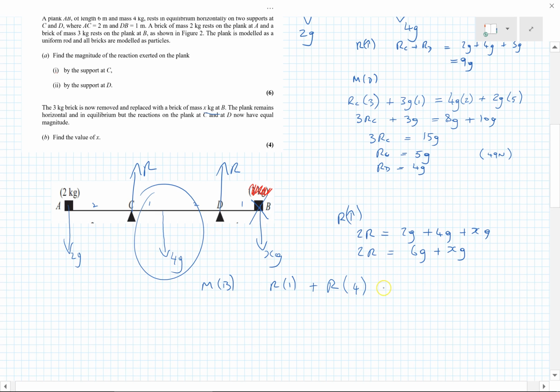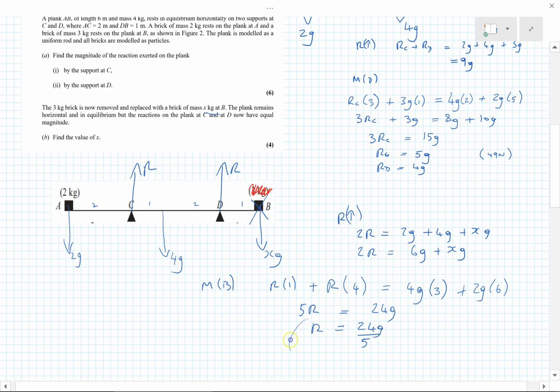Then we've got the 2 anti-clockwise ones. So that's equal to 4G times 3, and then the other one, that's 6 meters away, 2G times 6. So that gives me 5R is equal to 12G plus 12G, so that's 24G. So R equals 24G over 5.